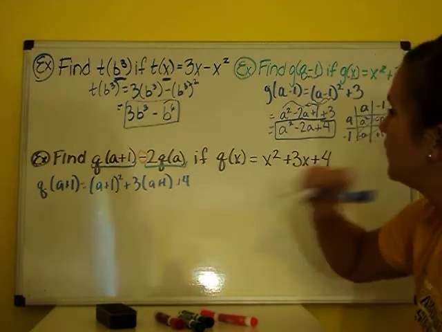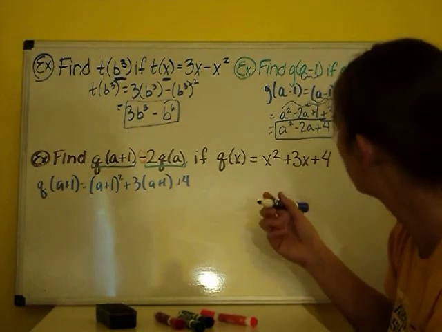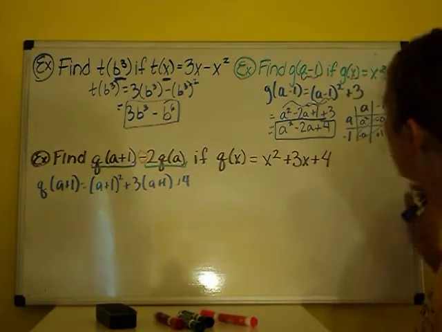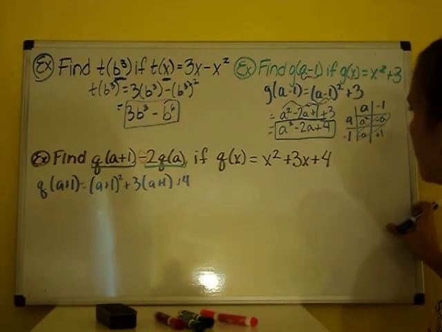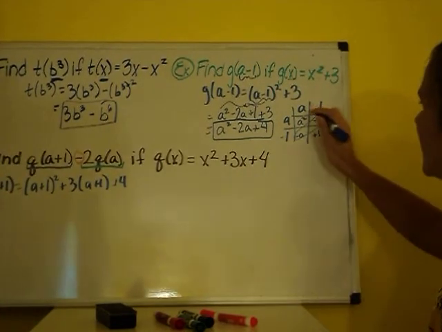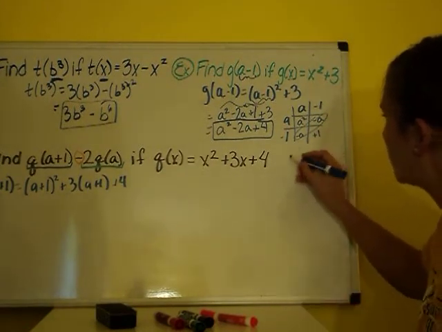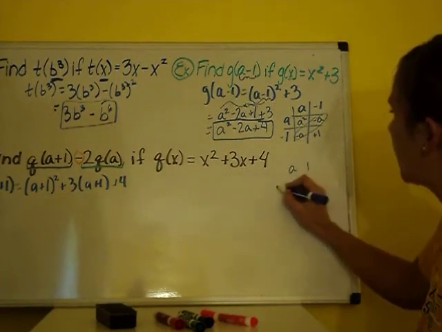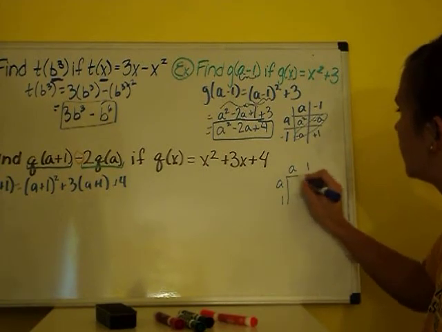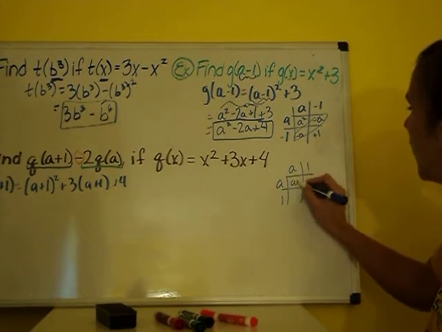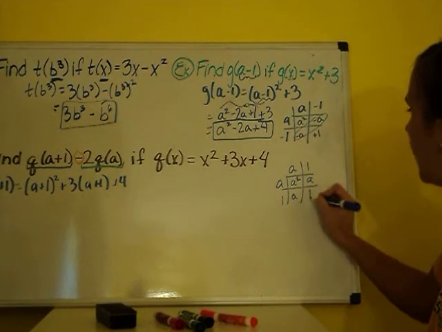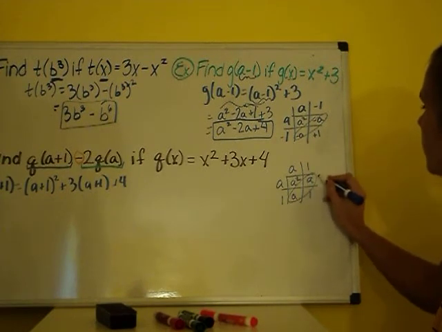So here if I FOIL or distribute, however you want to see it, I'm going to do it over here. It's this exact same problem except with pluses. I don't want to confuse you, so I'll do it again. We have a positive 1, a positive 1. So we're going to get a squared, and 1, which gives us 2a.